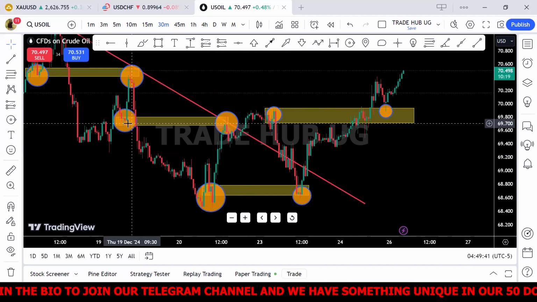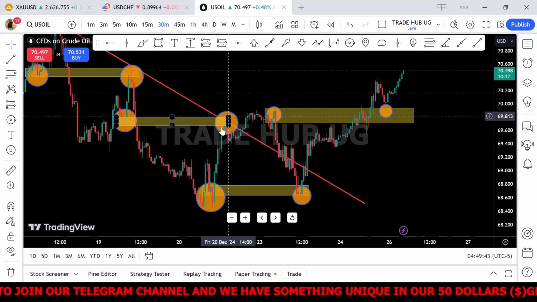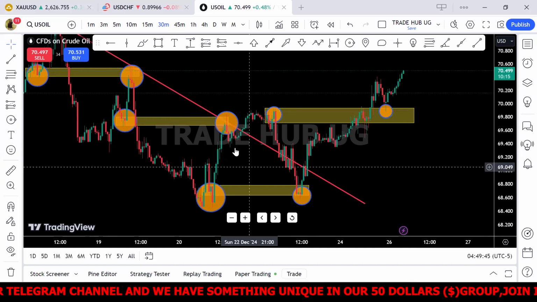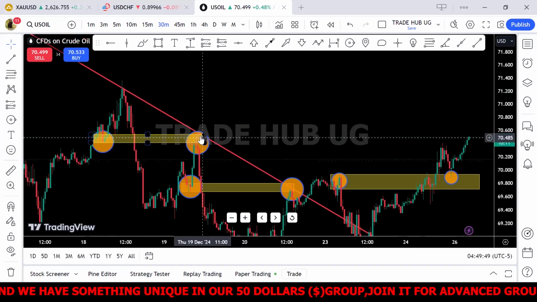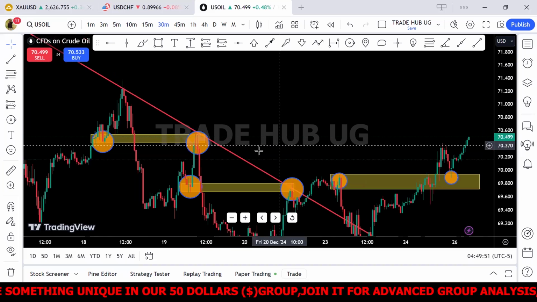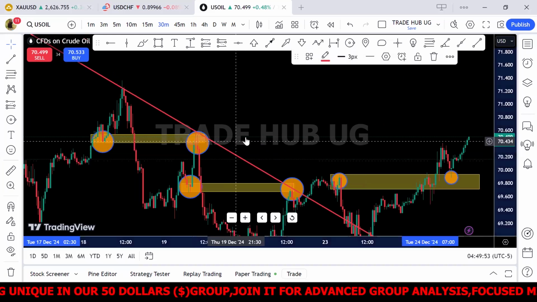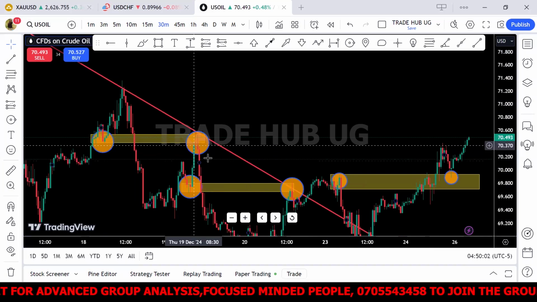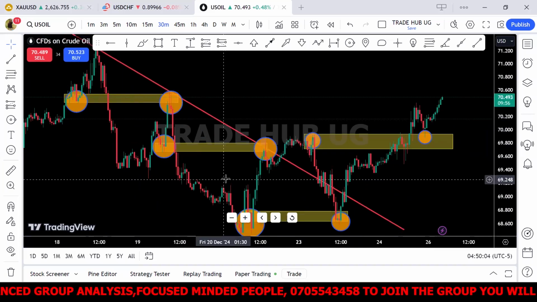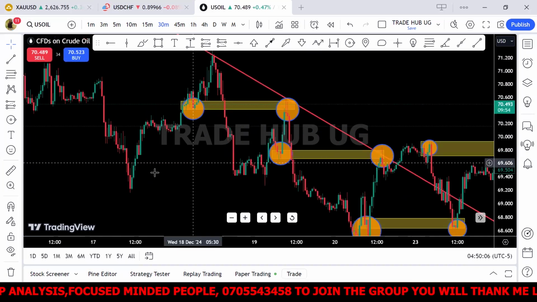I just want you to see these points where the market stopped, not just because of this candle, not just because of this line. But just see how it has worked out and how it played out well.